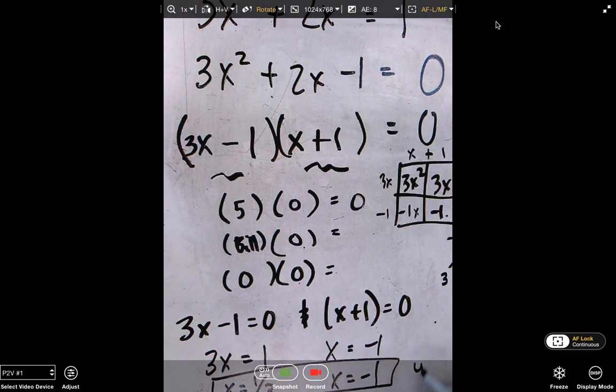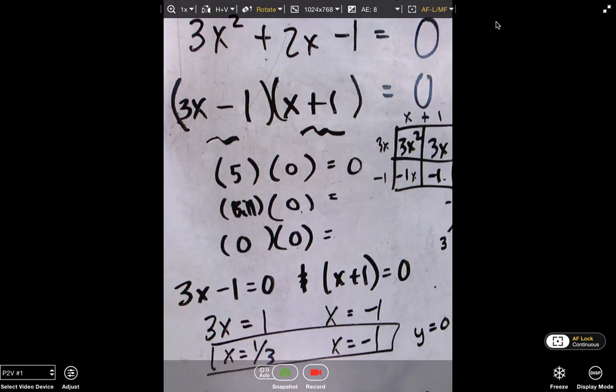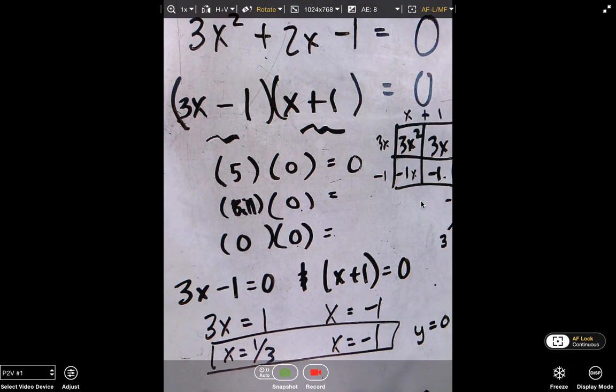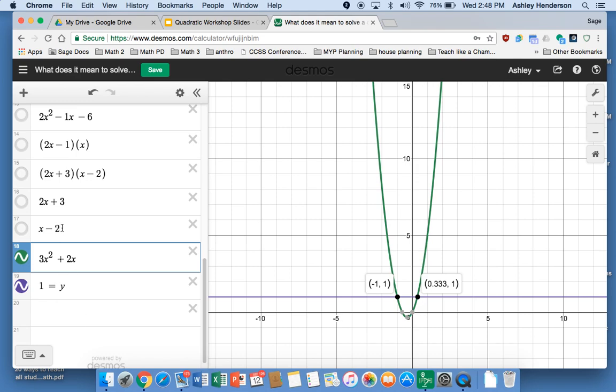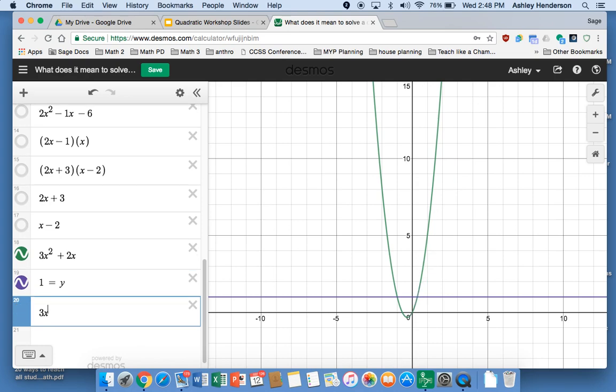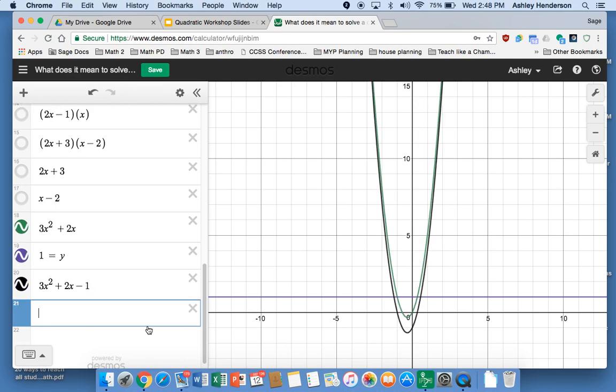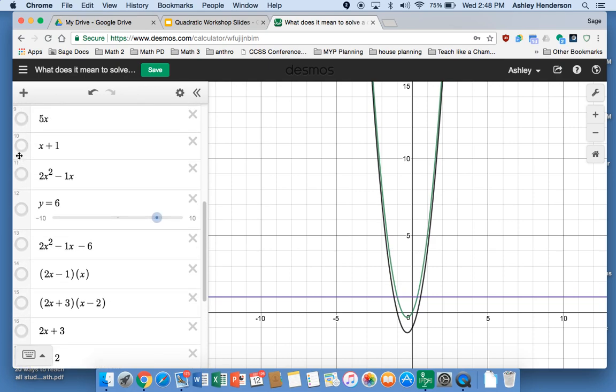If y is 0, if the output is 0, then these are our two inputs, which, if we go back to our original graph we were looking at, there they are again, if instead of being that, it were 3x squared plus 2x minus 1, well, where does that intersect 0?